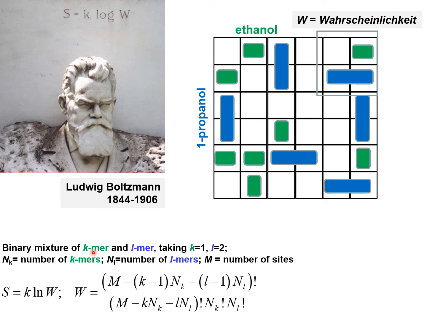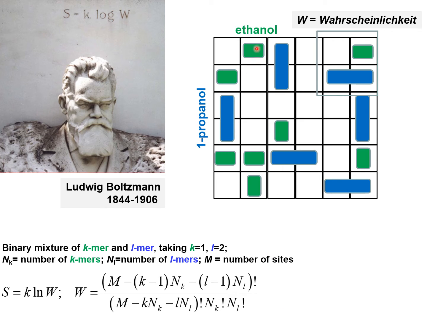for a binary mixture of a K-mer, green, and an L-mer, marked blue, the expression for W, Wahrscheinlichkeit, is simply written in terms of the number of K-mers. N_L is the number of L-mers, and M represents the total number of adsorption sites on the checkerboard.